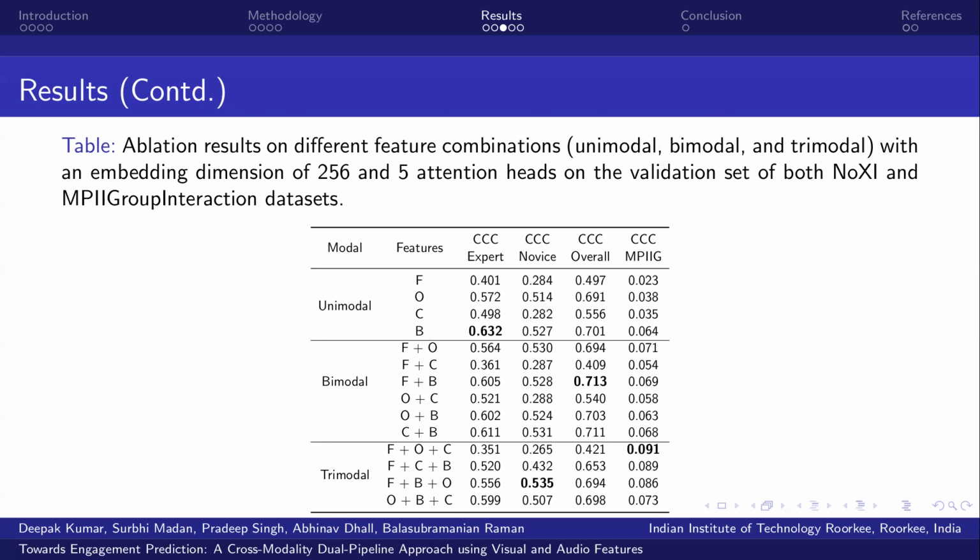One key observation is that visual features are more predictive for an expert compared to a novice. This could be due to the expert showing greater topic knowledge and enthusiasm, which exhibit more expressive facial and body movements. These are effectively captured by our features, whereas novice expressions may vary more based on their subject knowledge and interactions with experts.